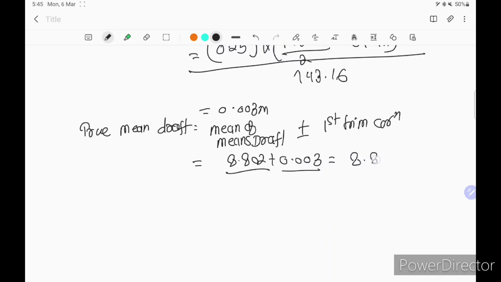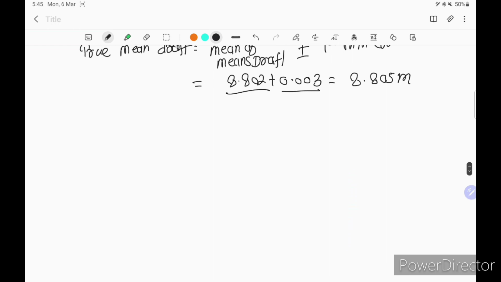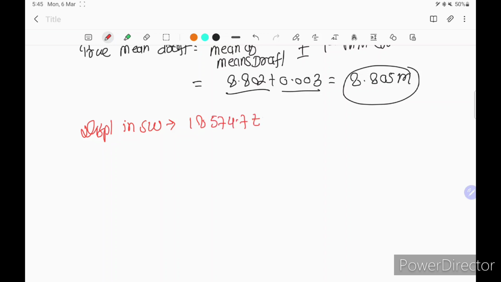You will get the value 8.805 meters. Now for this 8.805, we calculate the displacement in seawater from the MV Hinchip ship's particulars.